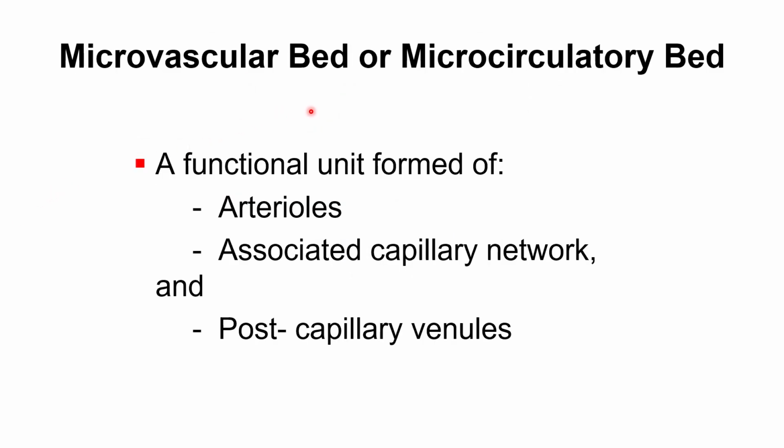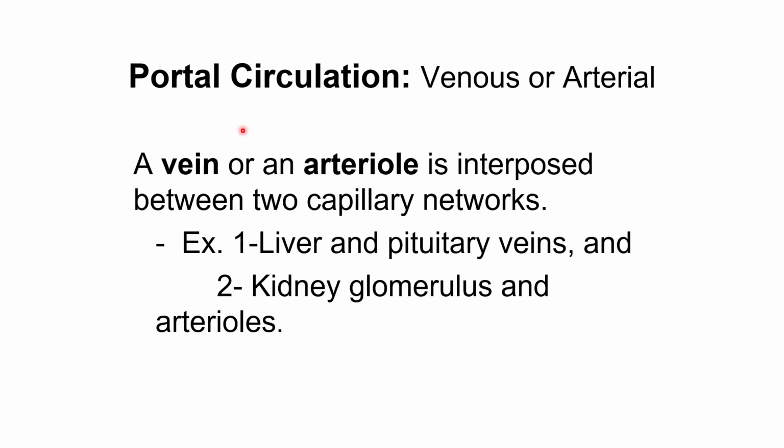So the microvascular bed or microcirculatory bed consists of arterioles, associated capillary network, and postcapillary venules. Remember this, please. Another concept is portal circulation. It could be a venous or an arterial portal circulation. This is when a vein or an arteriole is interposed between two capillary networks.